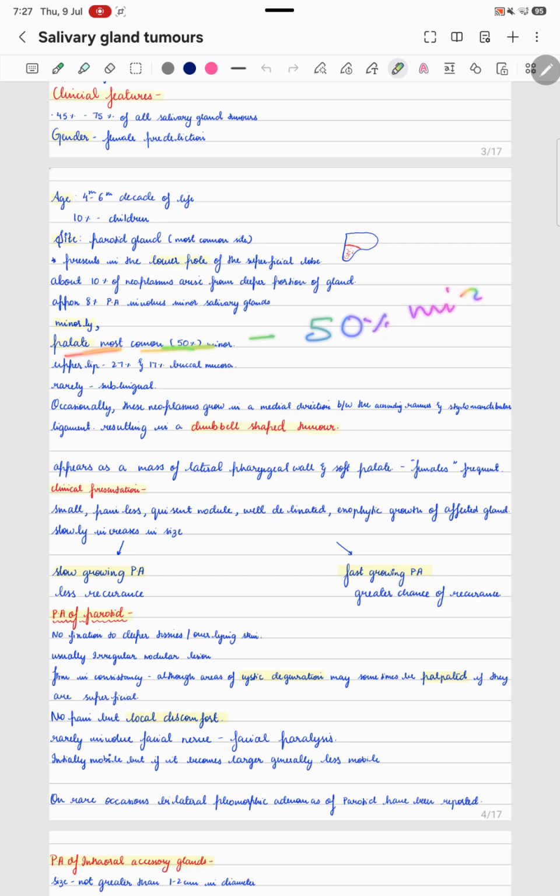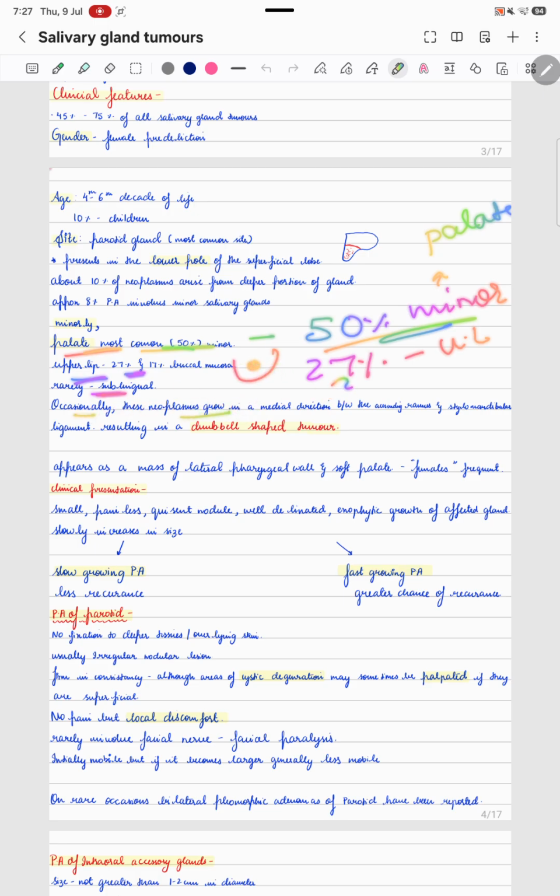Minor salivary gland tumors arise from the palate, then the upper lip, 27%, rarely the sublingual gland.